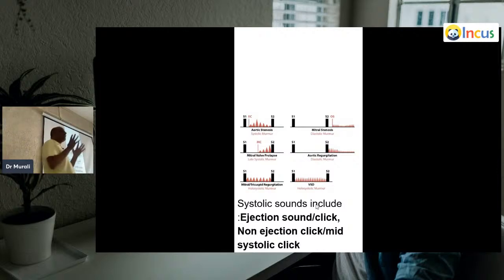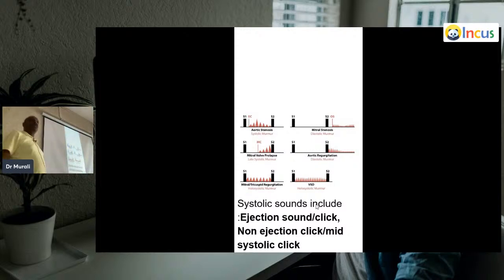So when will the click be heard? During the systole, early part of the systole, when the systole is about to begin. That's the reason it's called an ejection systolic click, which is the early part of the systole. Whenever there is a stenotic valvular lesion of the aortic valve or pulmonic valve is what you need to remember.